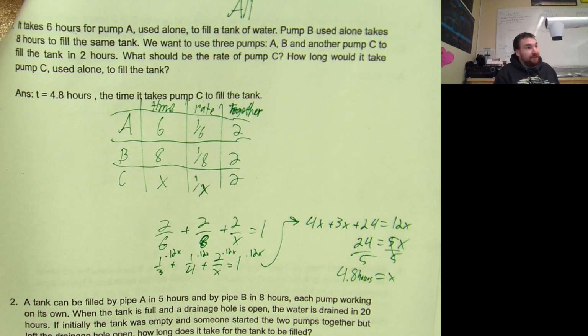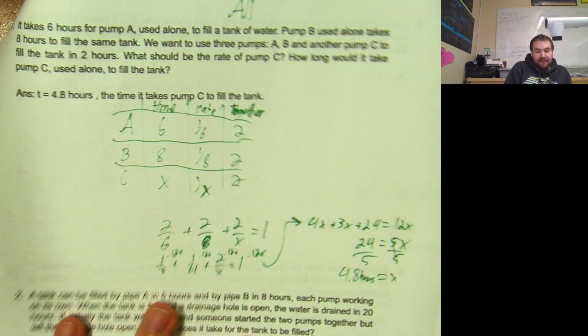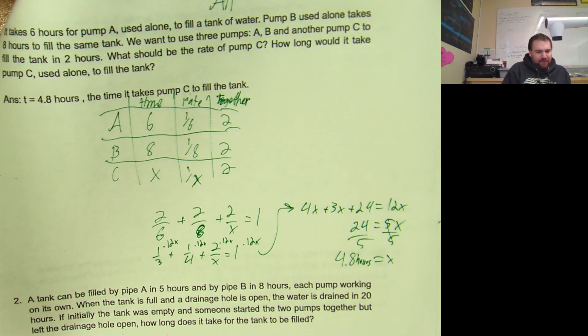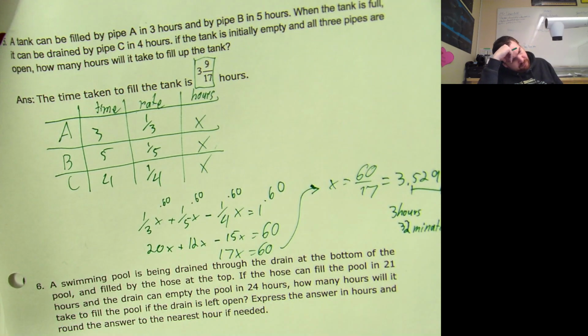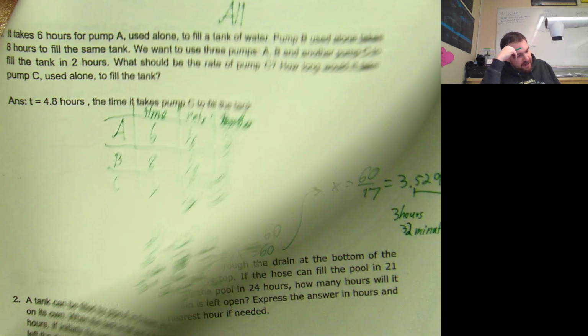If 5 made sense, then I'm going to let you try 2 on your own using what I did for 5. I don't think there are any other different questions in here. Yeah, 3 is the same. 4 is the same as 1.